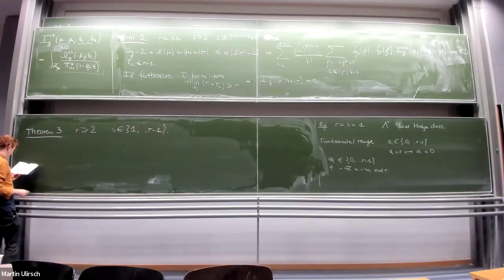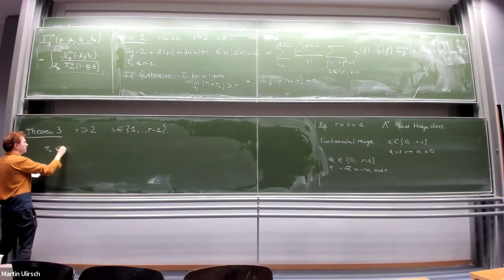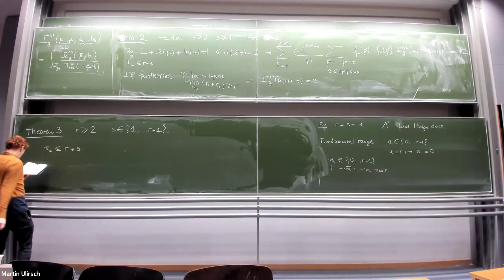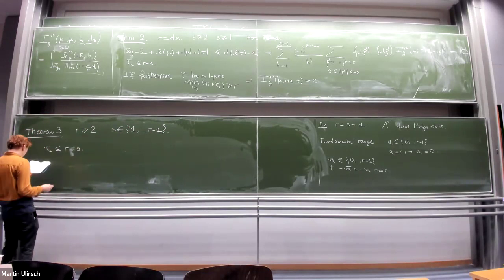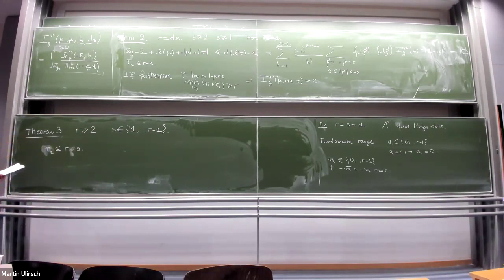And now if you take some partition pi, which has parts smaller than r minus s. So that's tau 1.